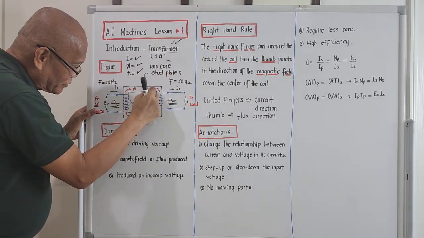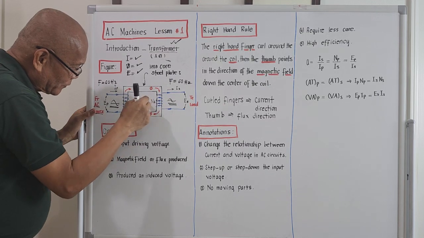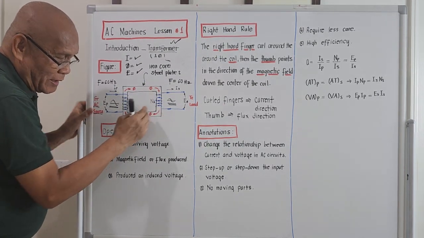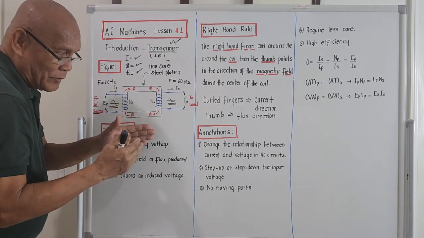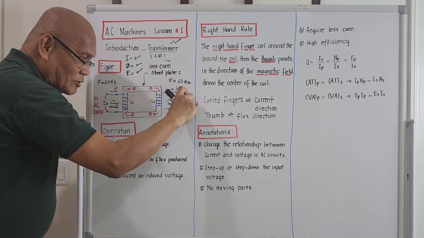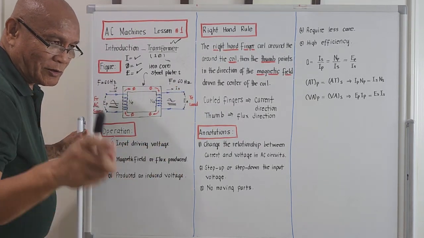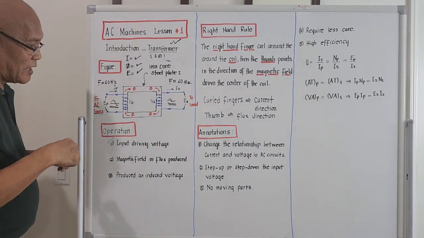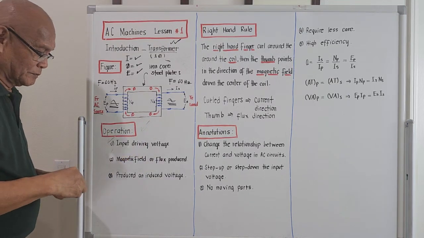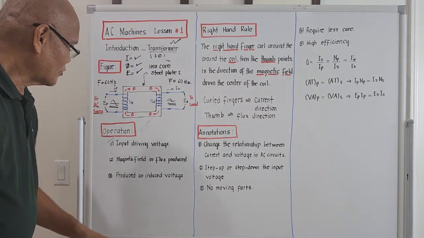It will circulate like this. Then this flux will cut these windings on the secondary, and as it cuts, there will be an induced voltage on the secondary, and that induced voltage is the one we are using in our home. That's the operation of a transformer.